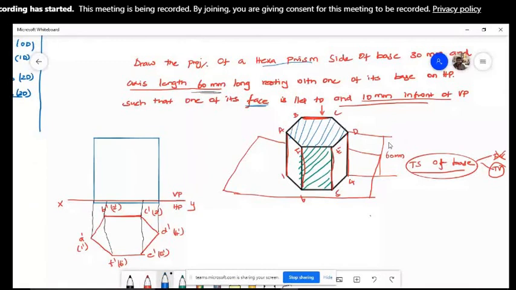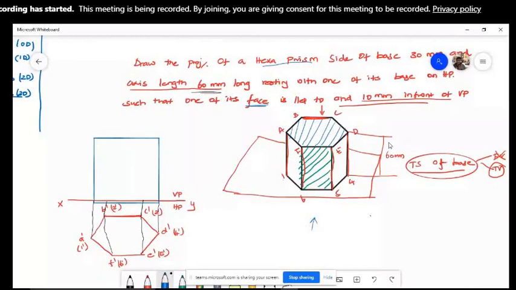I'll add one more question. See, if you are seeing from here, whether the 1A line will be visible in the front view. Yes, sir.